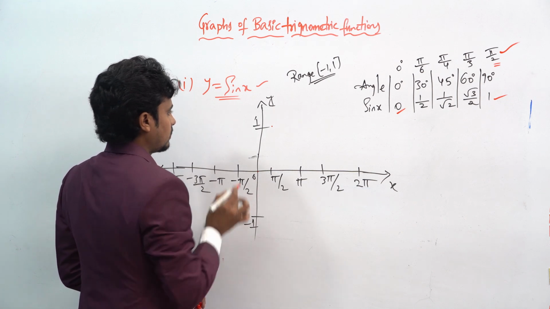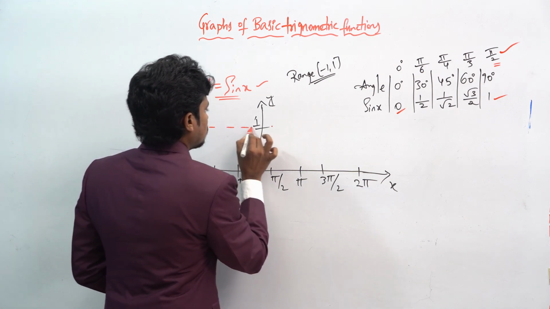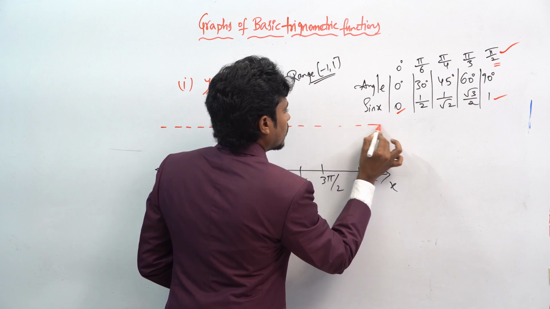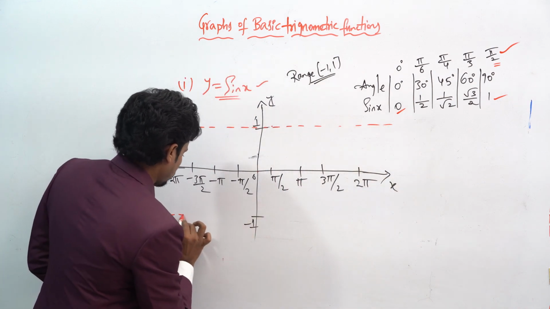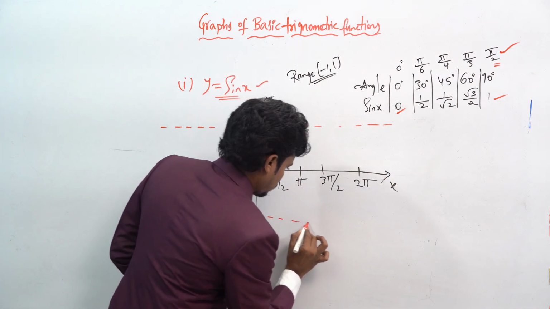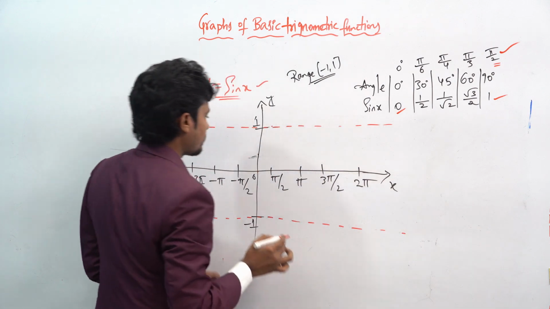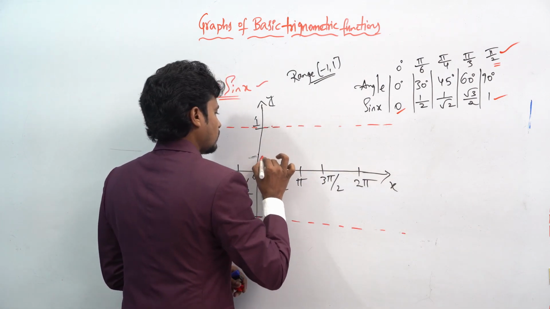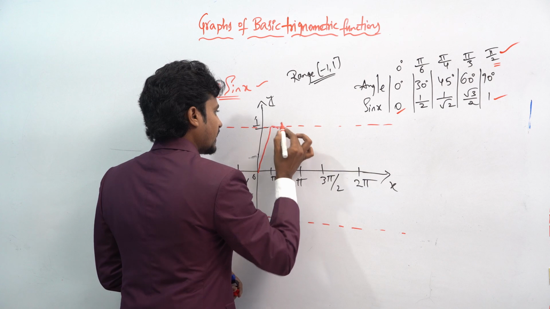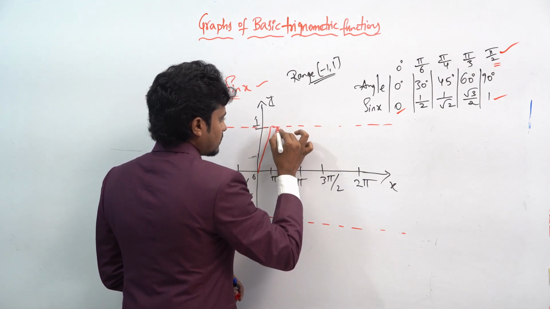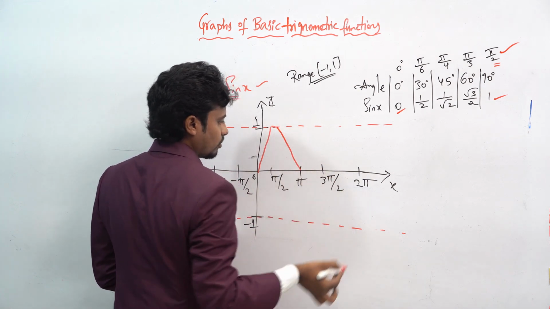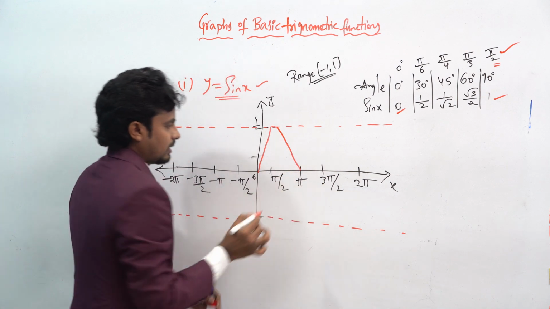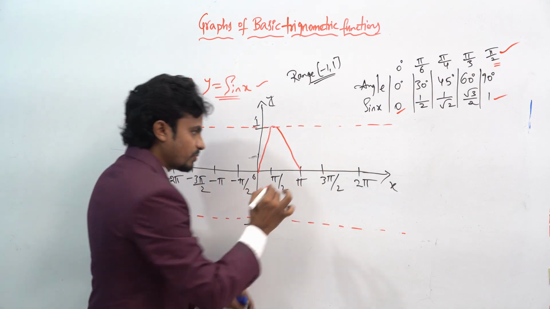Next, draw dotted lines like this. Okay, first, at pi, sin pi is 0, right? Sin pi is 0.